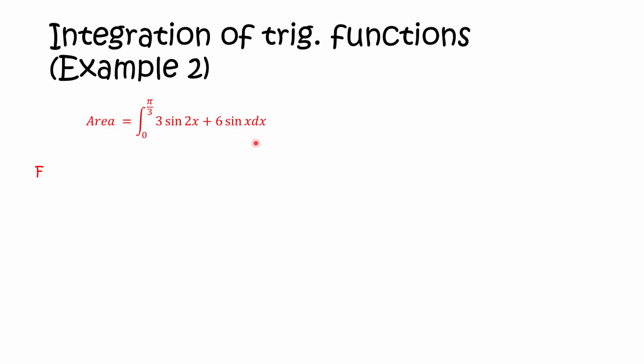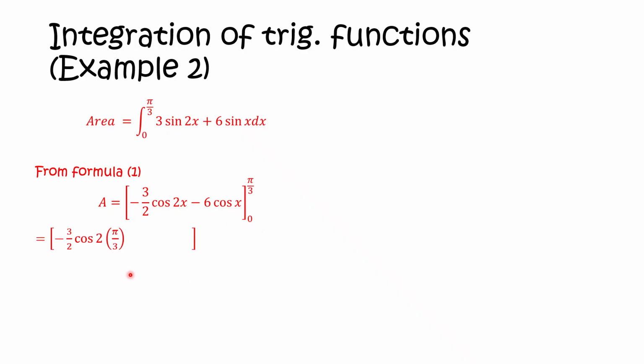Great. With that, from formula 1, recall, we are going to have area being equal to minus 3 over 2 cos 2x minus 6 cos x from 0 to pi over 3, then substitute for the limits. Of course, starting with the upper limit, subtracting what we would get from the lower limit.